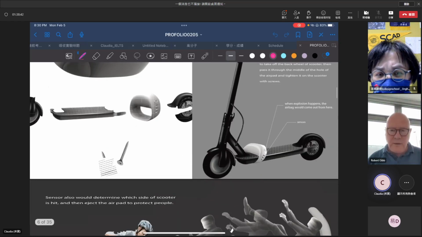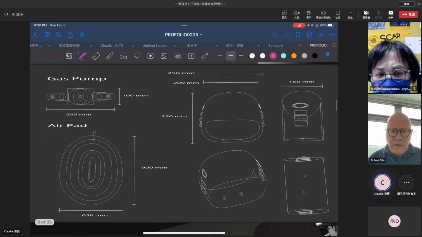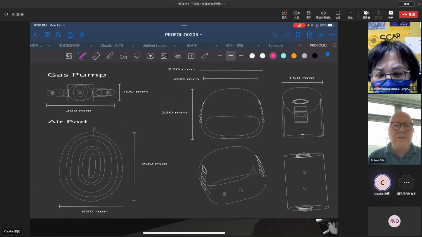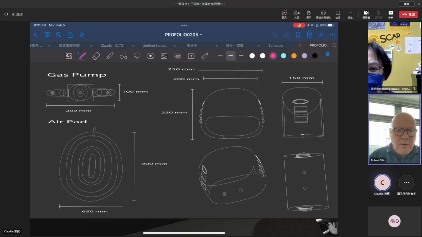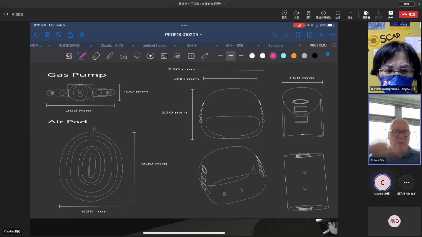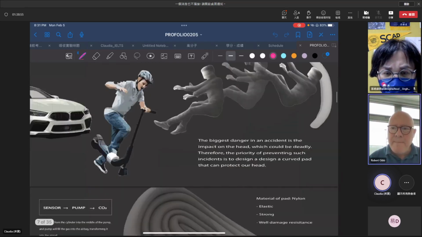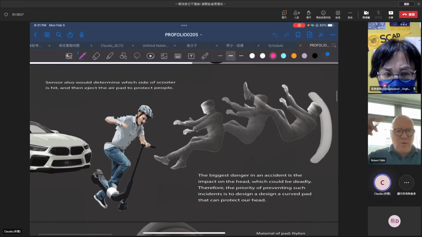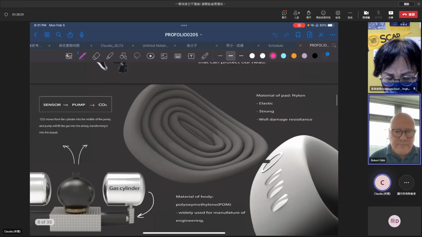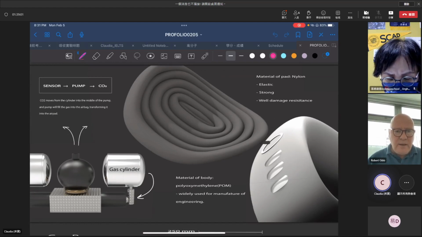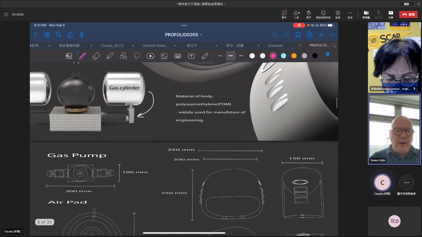The size will be here. Do you want me to go back up so I can see the one with the people on it? Yeah. If you scroll down. Yeah, keep going.